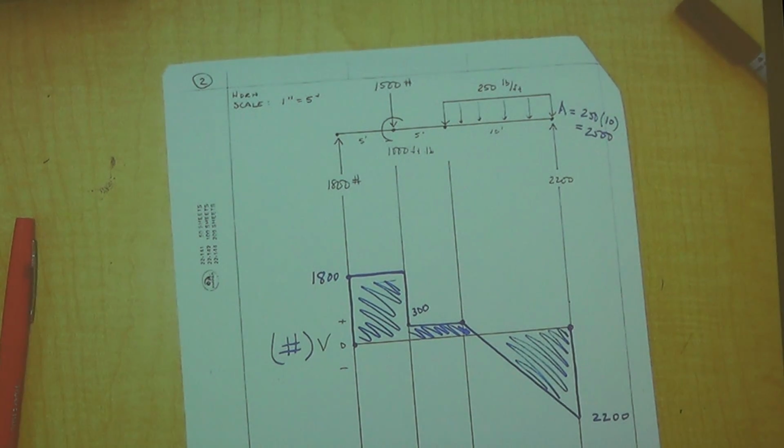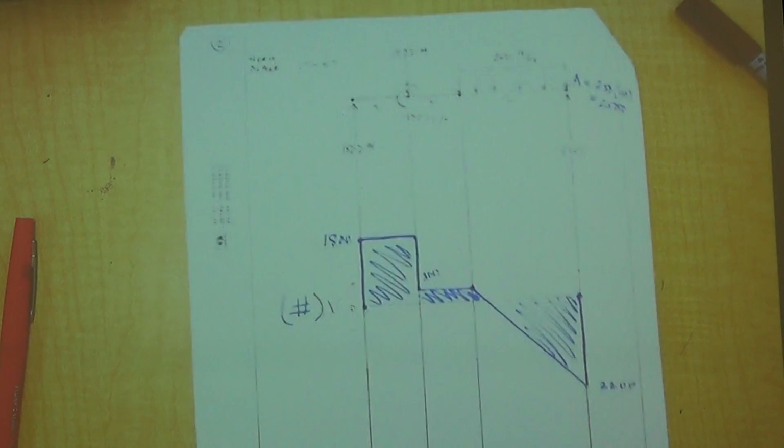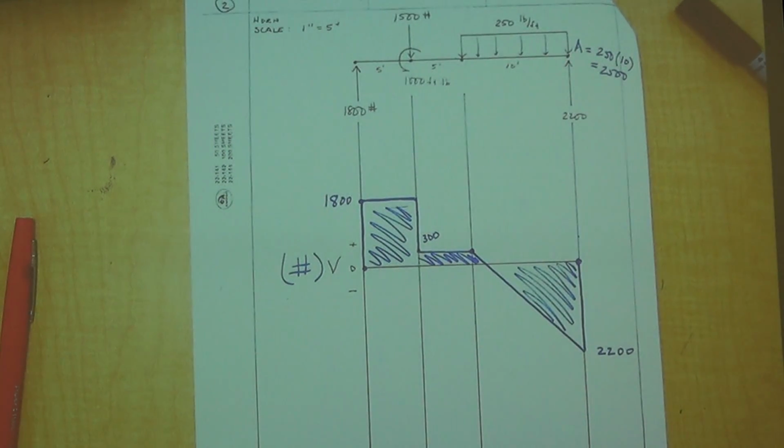So Sam, what is the maximum shear this beam experiences? 2,200. It's the maximum absolute value. It experiences 2,200 shear. Where? The far right. All the way at the far right.